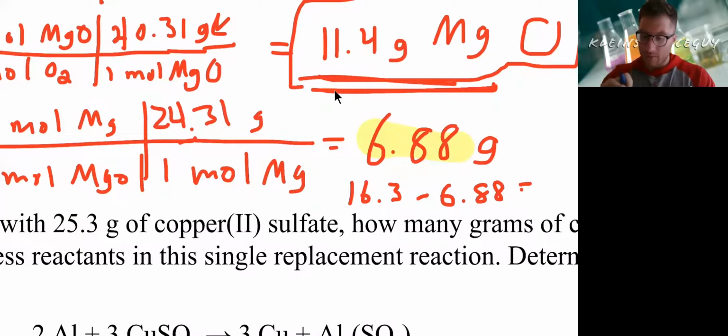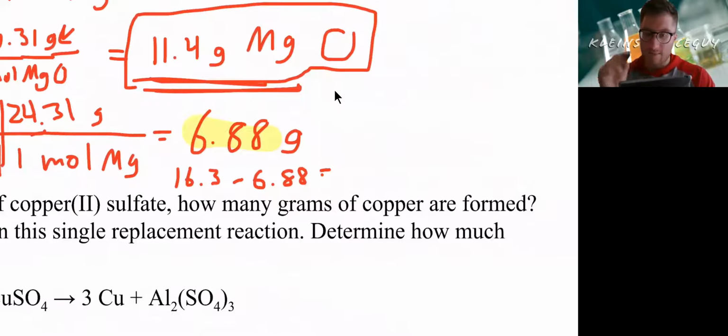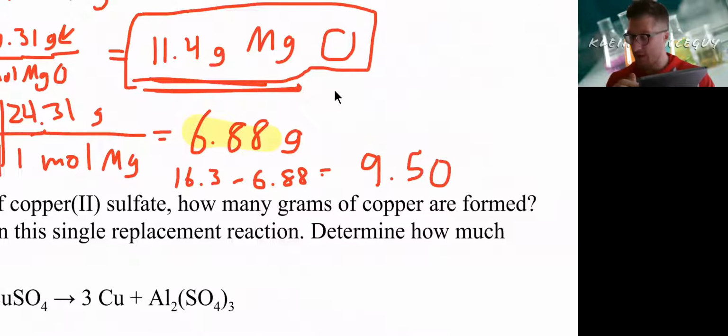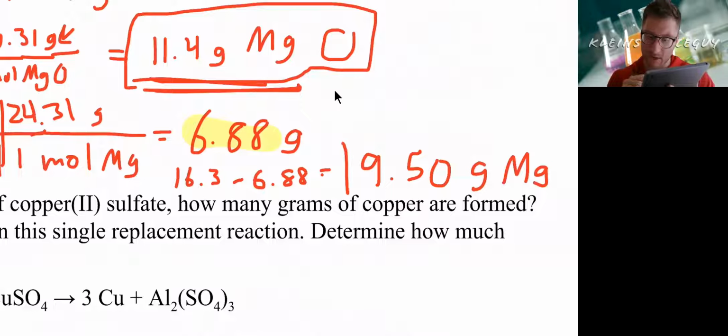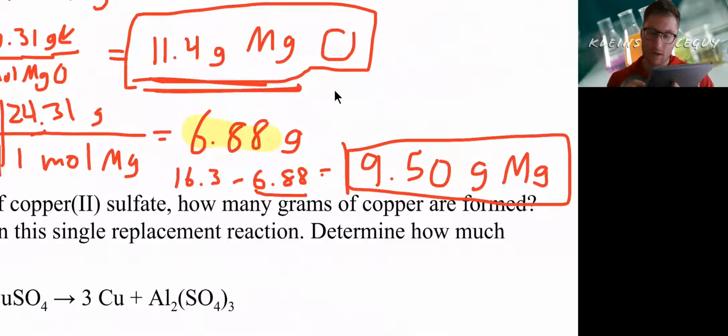And what you will come to find is that the amount of magnesium that is left over is 9.5 grams of magnesium. That's how much excess magnesium we have. We only needed to use 6.8. So using those 6.8, we're still going to have 9.5 grams of magnesium left over.